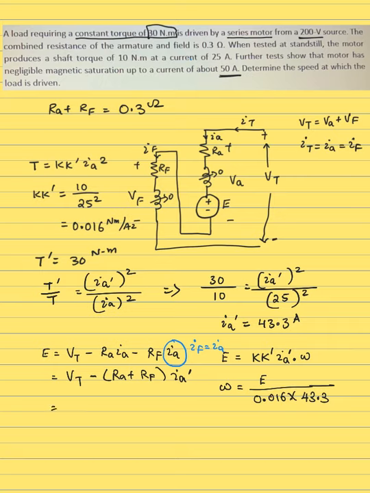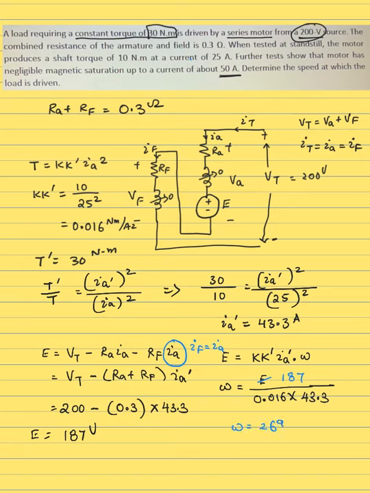The motor is supplied from a 200 volt source, so this is 200 volts, and the combined resistance is 0.3 multiplied by the armature current 43.3. All are known, so E will be calculated as 187 volts. So that E will be used here. This is 187 now, and you can calculate omega.